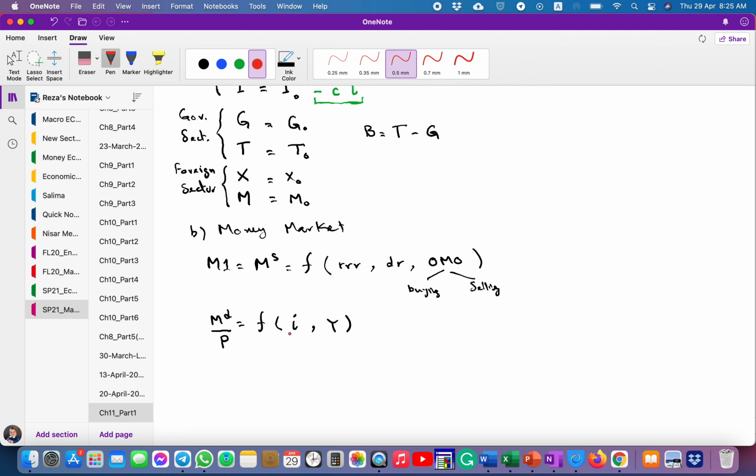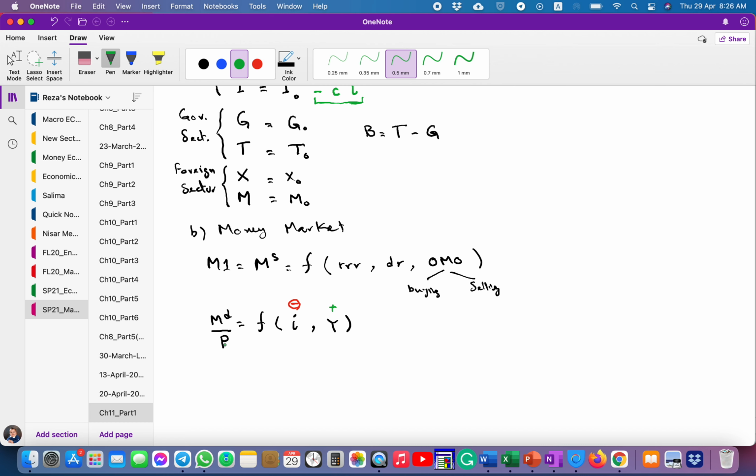And we mentioned that there is negative sensitivity of the money demand in real terms: if the interest rate is increasing, then the money demand is decreasing, and if the income is increasing, this is actually positive.